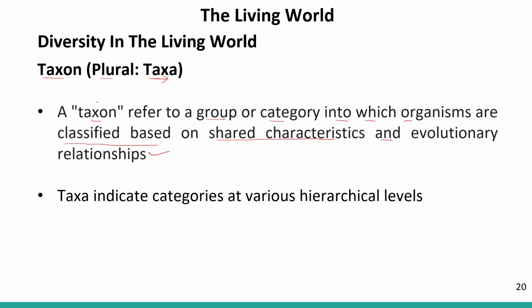So you just have to remember, a taxon is a group or a category which is based on shared characteristics and evolutionary relationship. Now each taxon indicates categories at various hierarchical levels, which means there is a ranking system, or there are different levels.